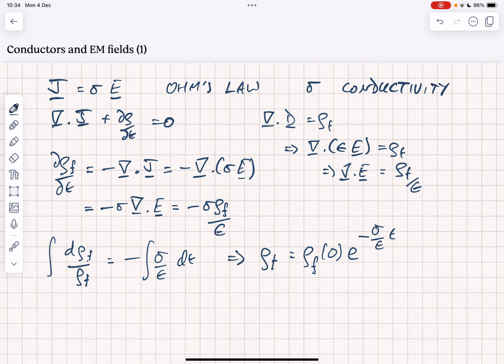And this is the well-known result that in the bulk of a conductor you cannot have any free charge. It will dissipate to the surfaces.